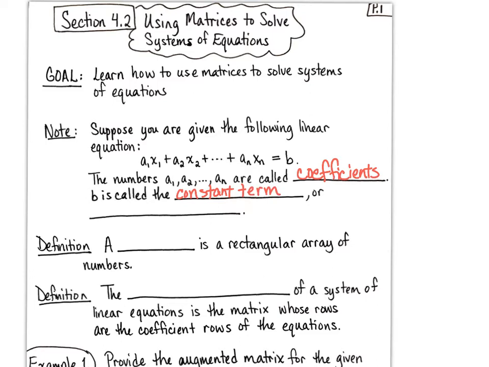B is called the constant term, or sometimes just the right-hand side. A matrix is a rectangular array of numbers.